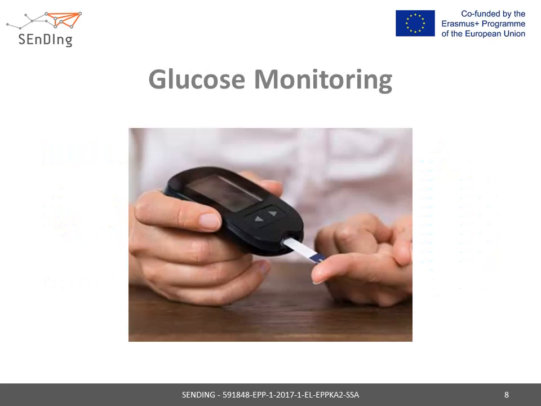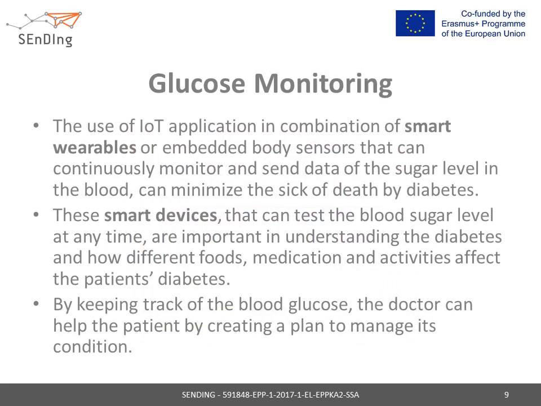Glucose monitoring. One of the best known chronic diseases is diabetes. Diabetes occurs due to abnormal functionality of the pancreas gland. The main task of the pancreas gland is the production of insulin hormone, which controls the glucose level of the blood.